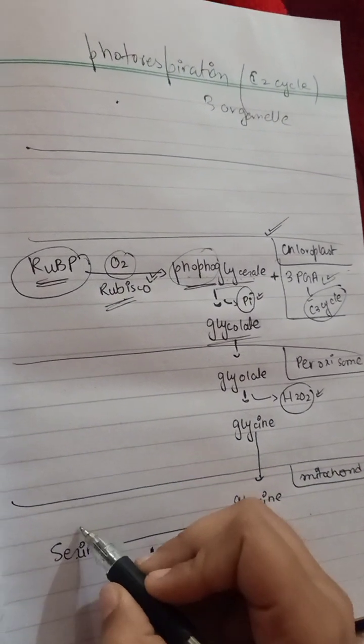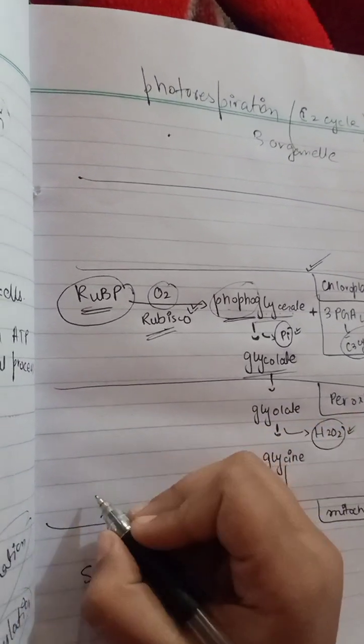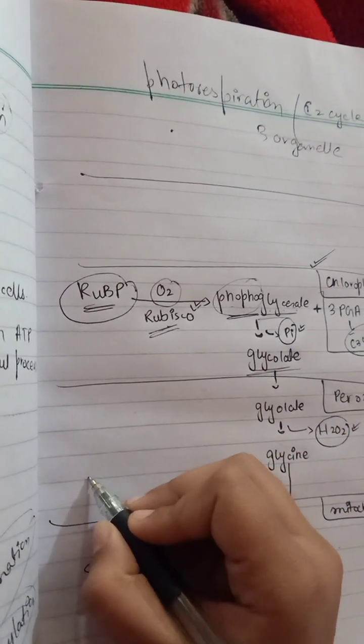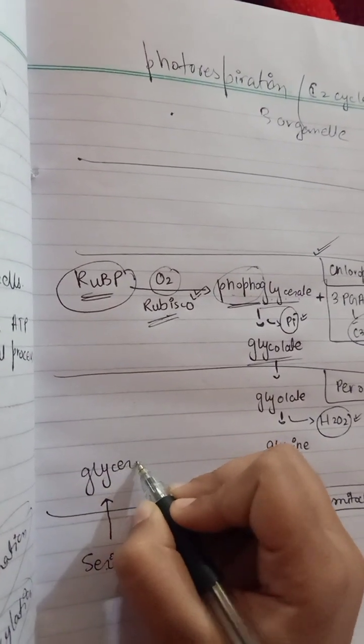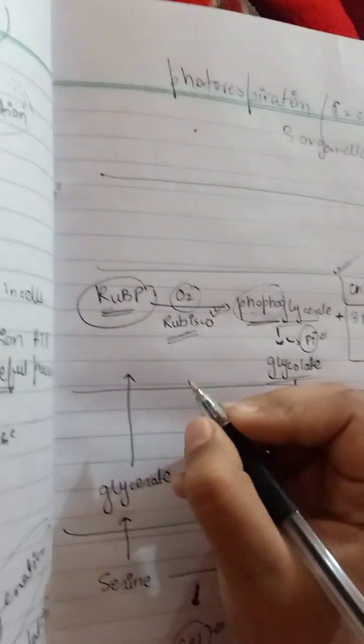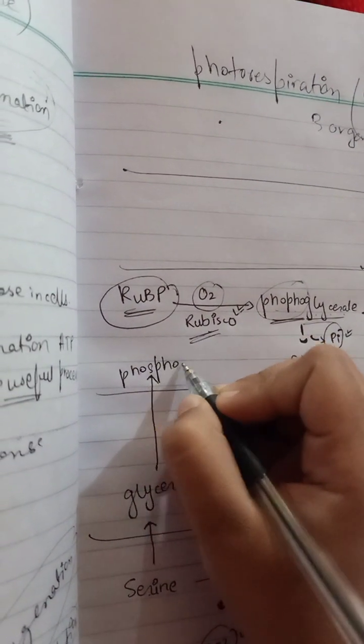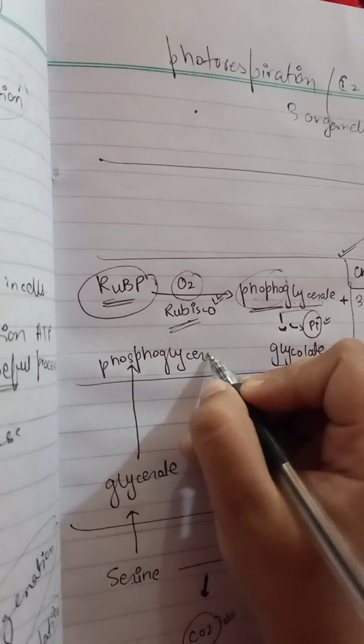Okay, so the serine will move into the peroxisome and convert into glycerate. Then the glycerate will convert into phosphoglycerate in the chloroplast.